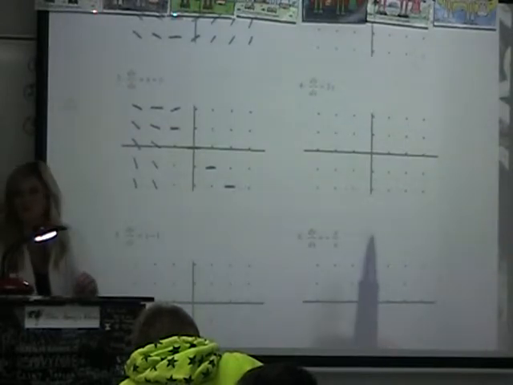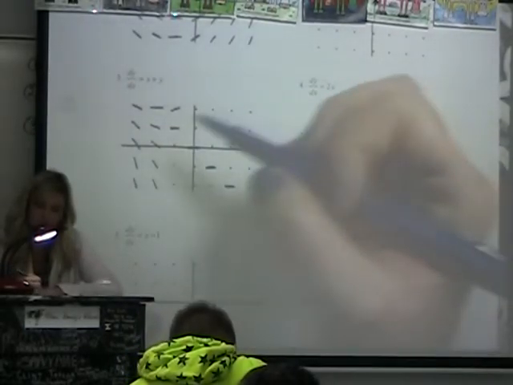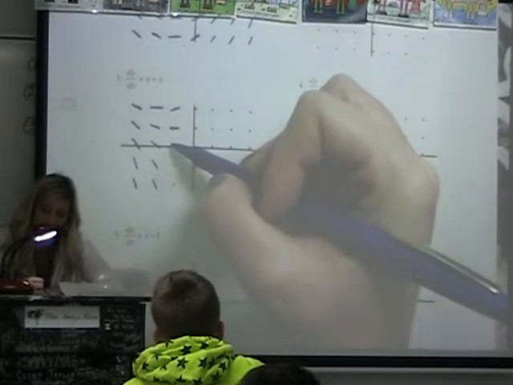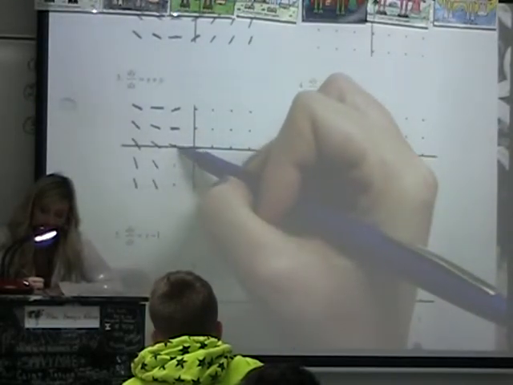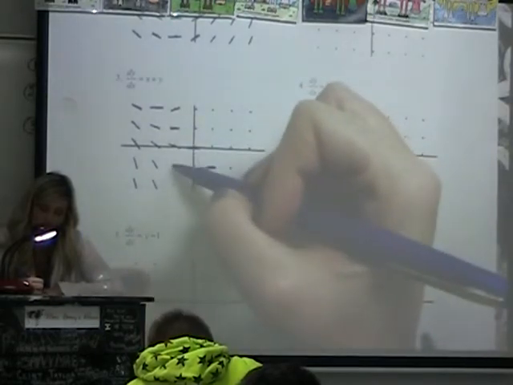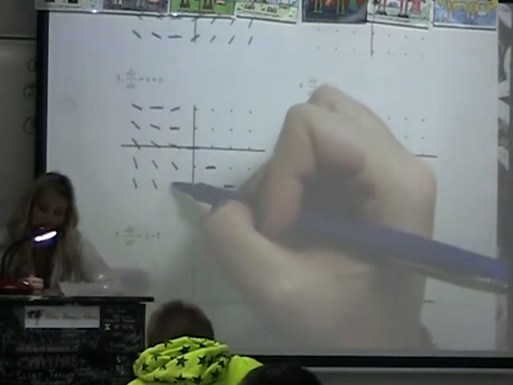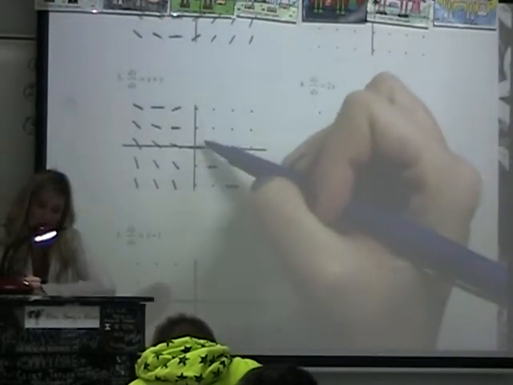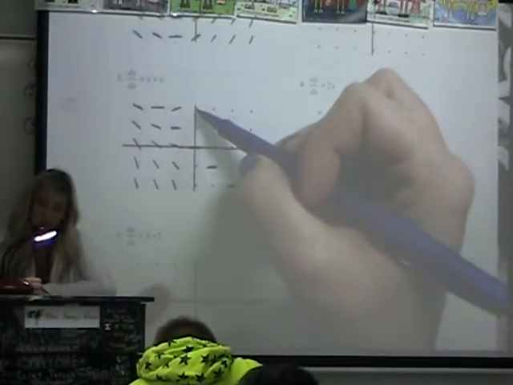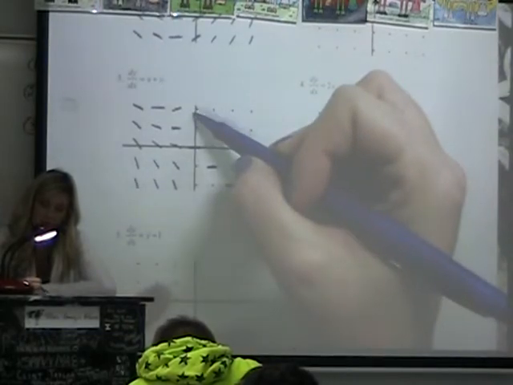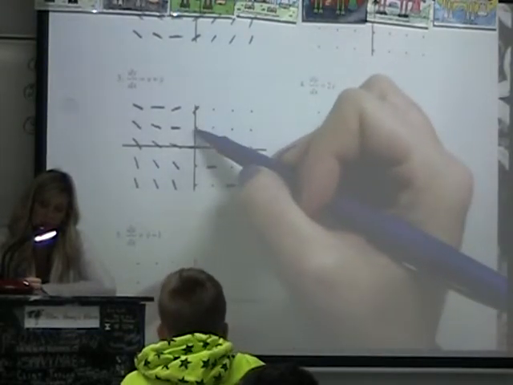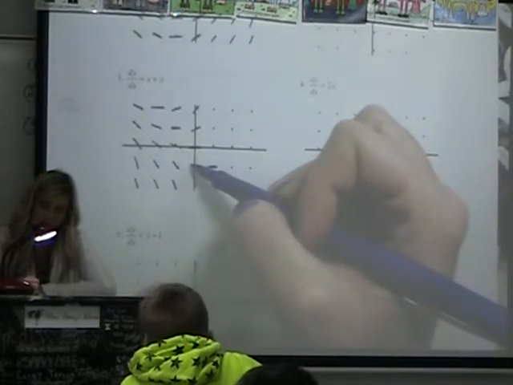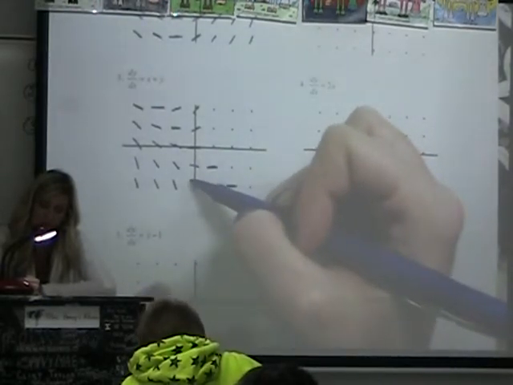You can go ahead and put your zeros on if you want to. -1, 0 is going to be -1. Then -1, -1 is -2. Then -3. Then 0, 2 is going to be 2. 0, 1 is going to be 1. 0, -1 is -1. And then we have -2.